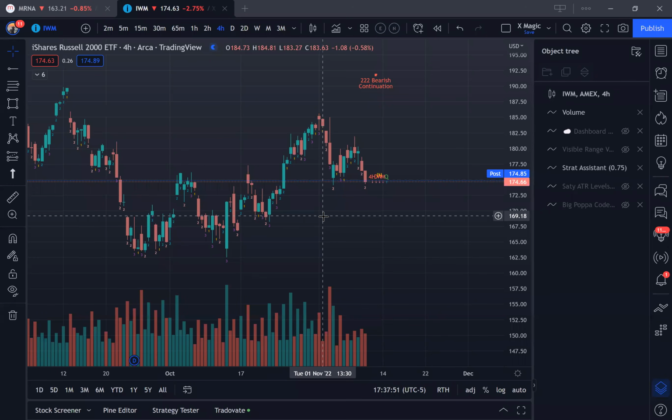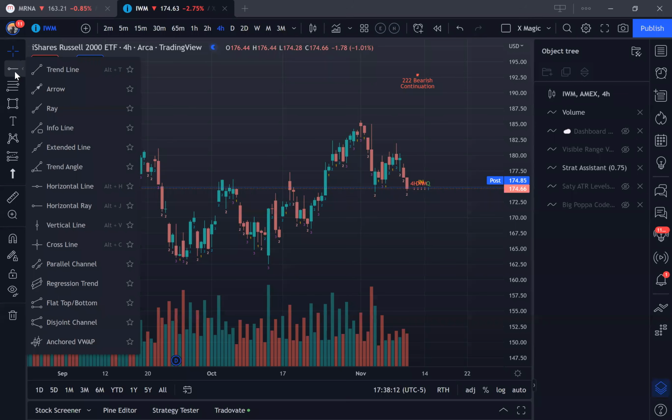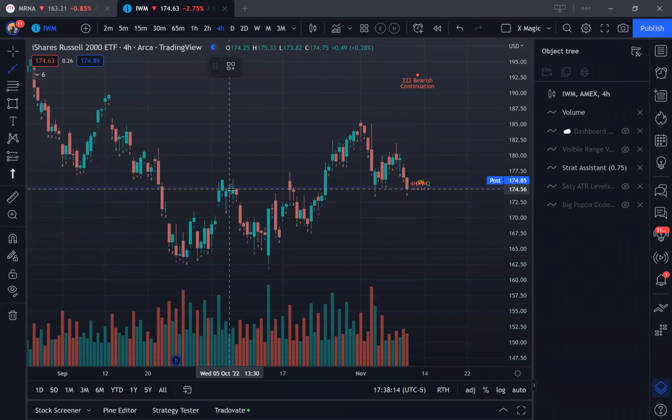All we use are broadening formations, which are support and resistance for strat users. Personally, since I used to be a support and resistance trader, I kind of just incorporate it with my broadening formations. It just helps me. But of course, if you want to use a strat fully, you wouldn't be doing that.